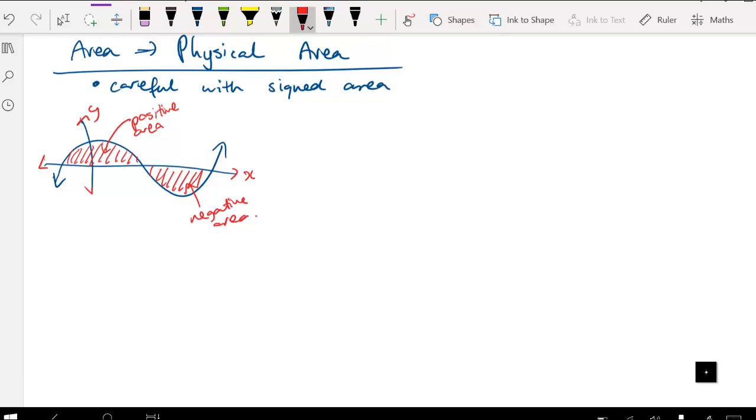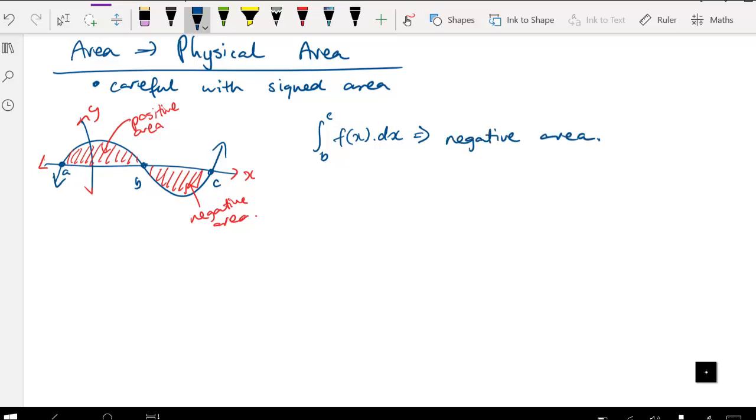Now we don't want to consider negative area, so we have to be able to deal with that using an integral approach. If we look at this as points A, B, and C, and I'm looking at the physical area, there's a couple of ways I can do that. First of all, we should note that the area between C and B of our function will be a negative area.